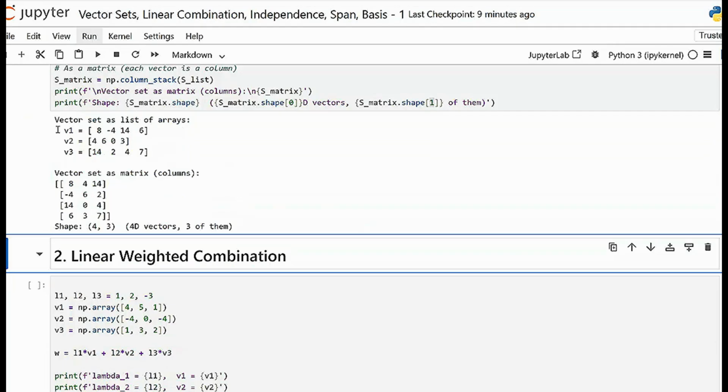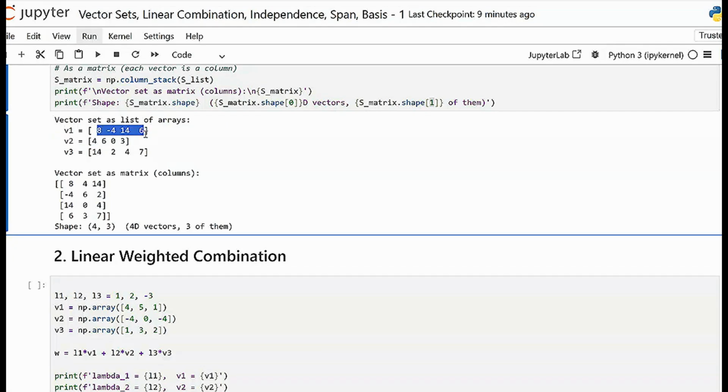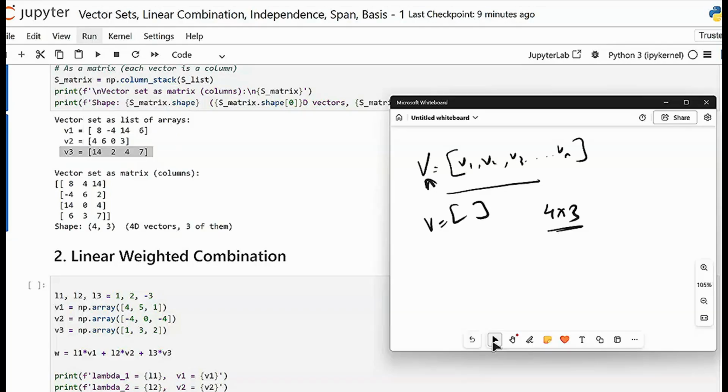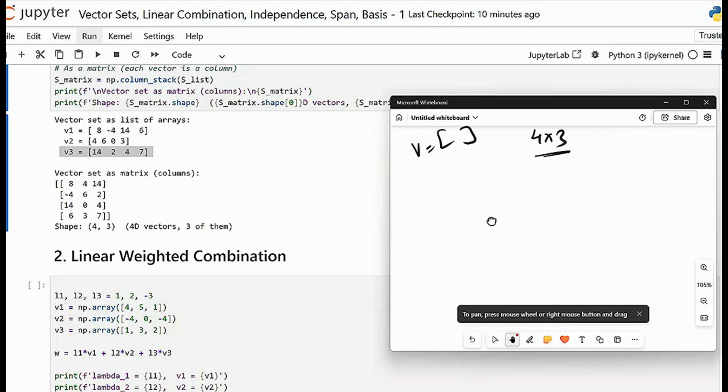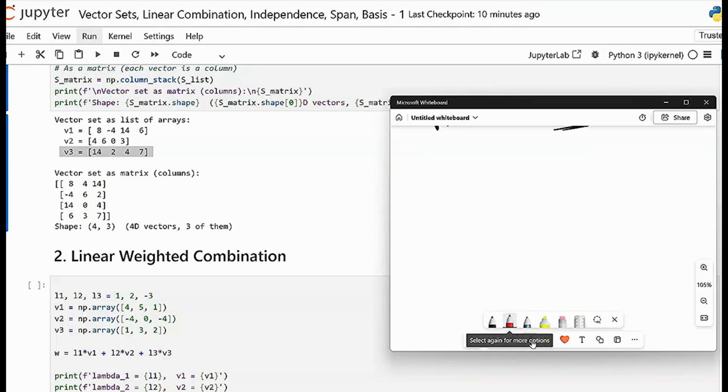Kindly observe, dear friends. So here we stored 4-dimensional values in the vectors. That is 3 vectors in a vector set: V1, V2, and V3. So totally we have 3 vectors, and kindly observe how this happens programmatically.